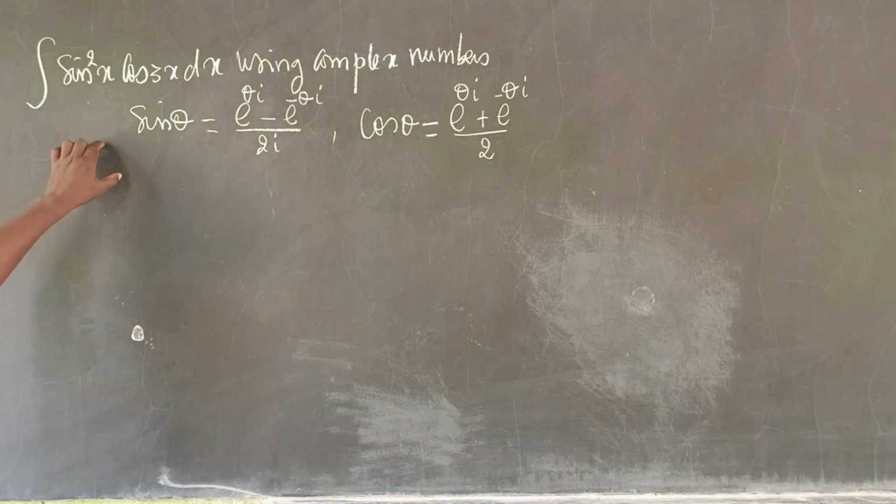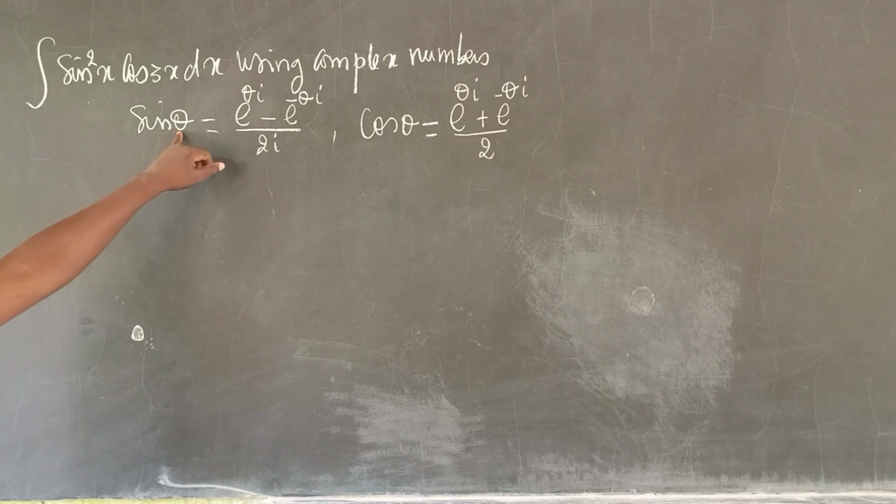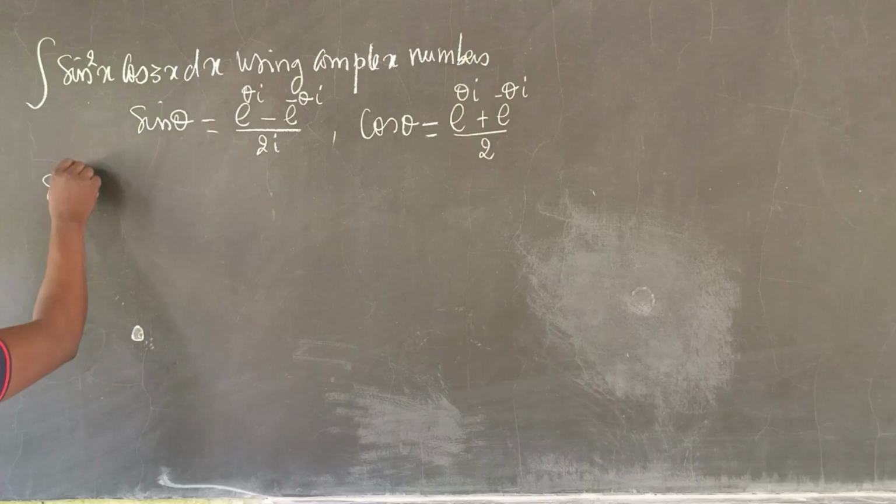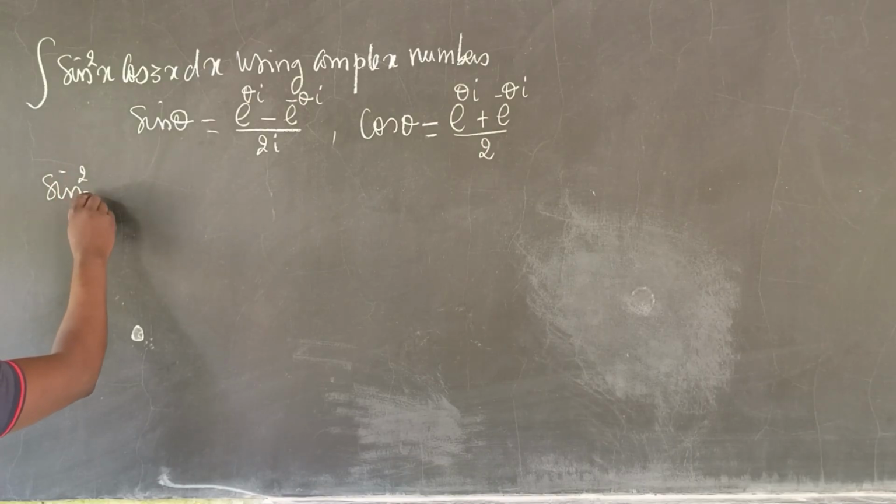The sine of 2x or something which is called theta, but here we have sine squared x.